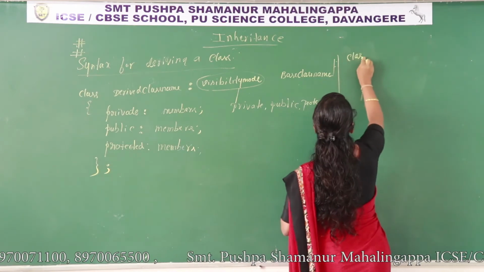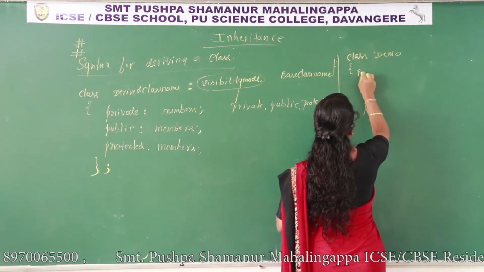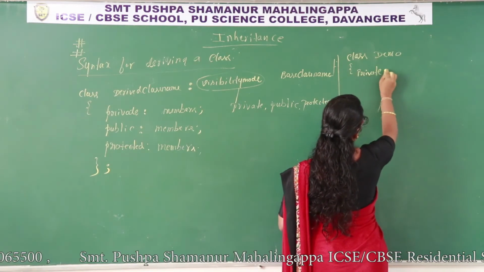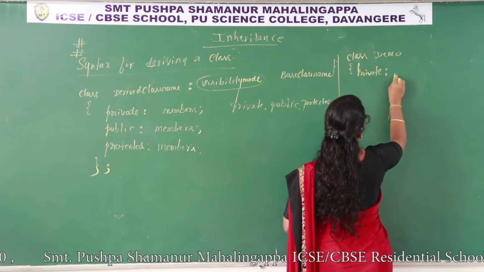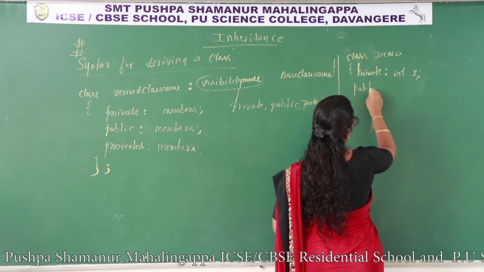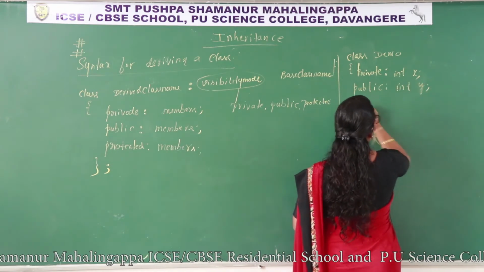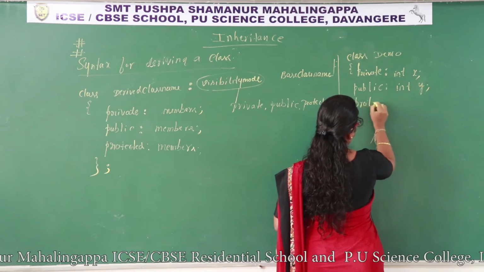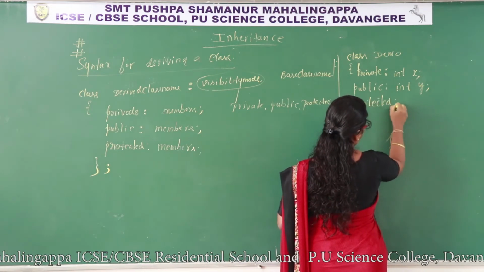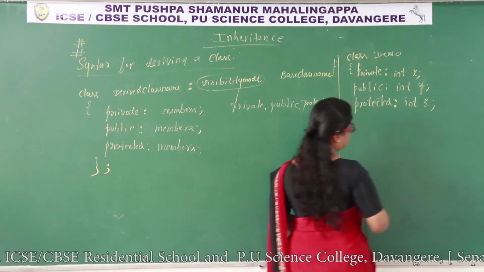Class demo. In the private section, I'll take a data member int x. In the public section, I'll take int y, and in the protected section I'll take z.